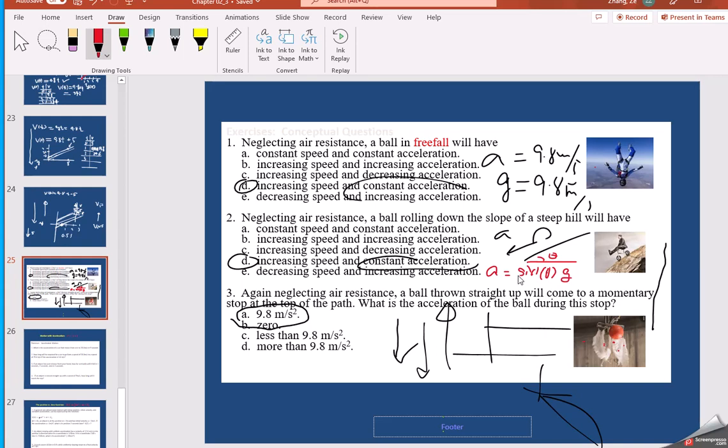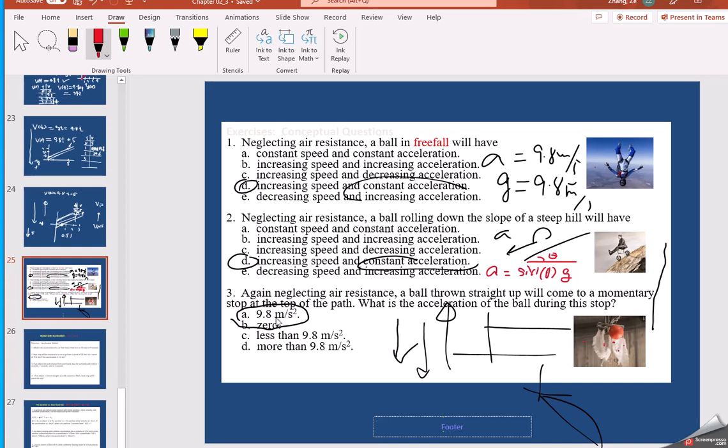Recall that when it's flat, theta is 0, and you get a 0 projection. When you go up a little bit in angle, it will have some value. Then when it's 90 degrees, the sine of 90 degrees is simply 1. Therefore, you have a full free fall.